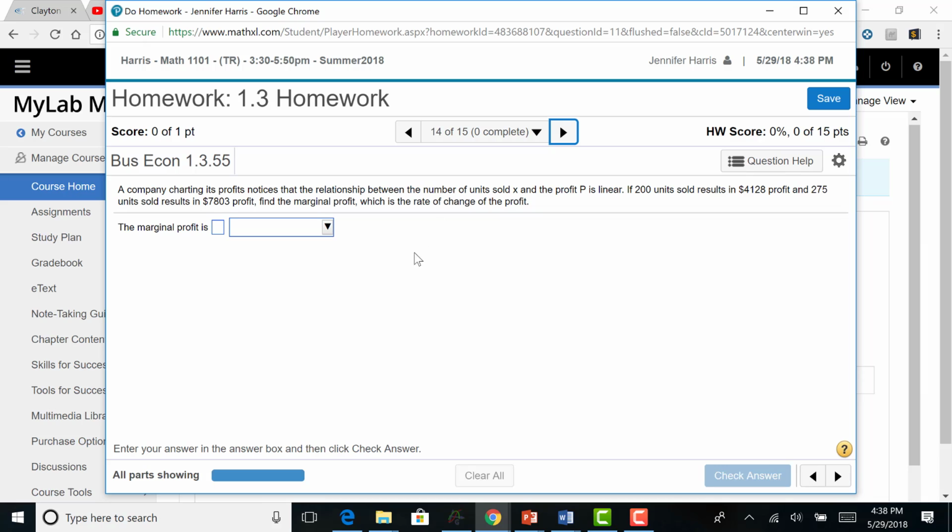Can you find that given the information that they give you? Yes. What are you going to do? You're going to use y2 minus y1 over x2 minus x1. How do you know you're going to use that formula? You got 4 numbers, 2 sets of points. And it tells you x is the number of units sold, and p is your profit, which happens to be your y.